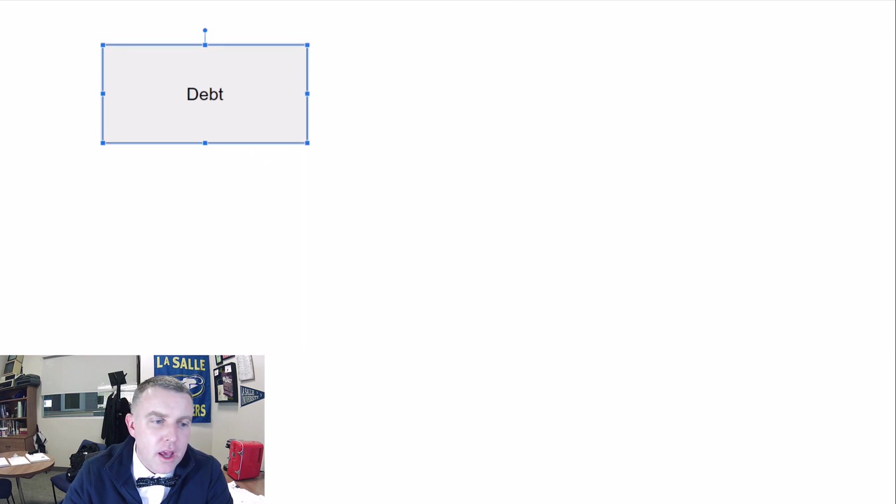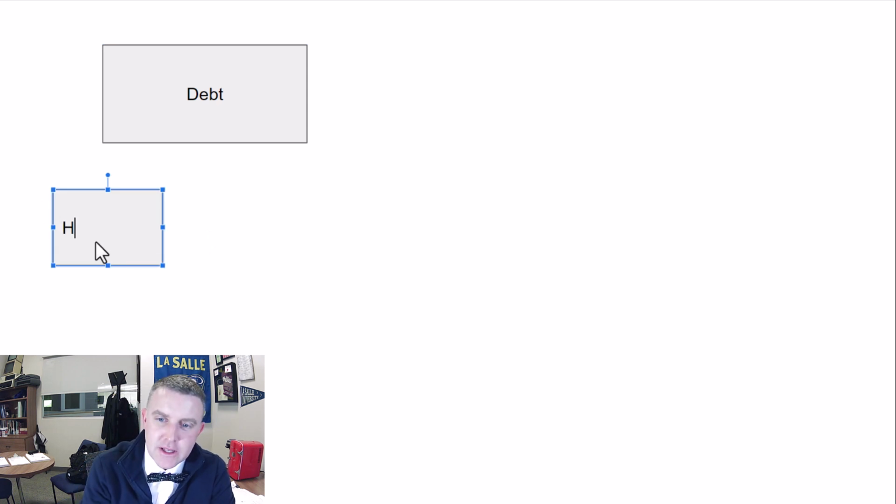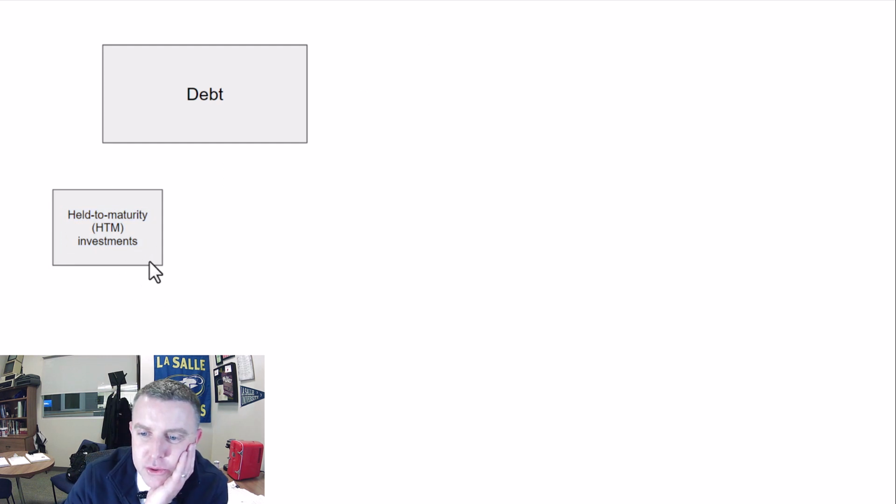Okay, and these three categories are, let's put some boxes in here. We could classify something as held to maturity, HTM investments. Let's resize this so it looks a little nicer. Okay, so we can have held to maturity investments.